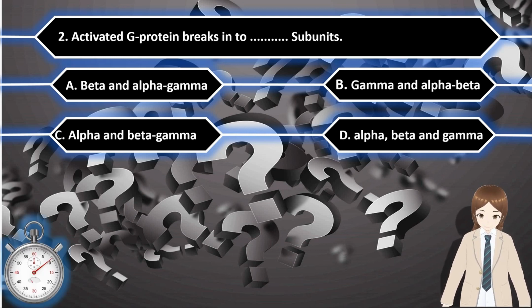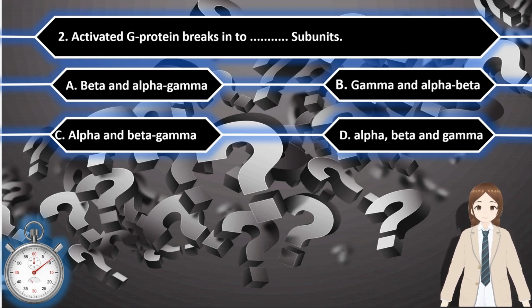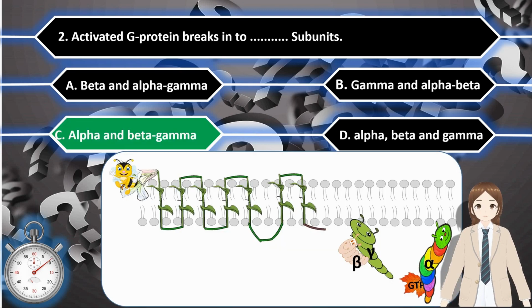You have 10 seconds. Time is over. The correct answer is C. Alpha and Beta Gamma.